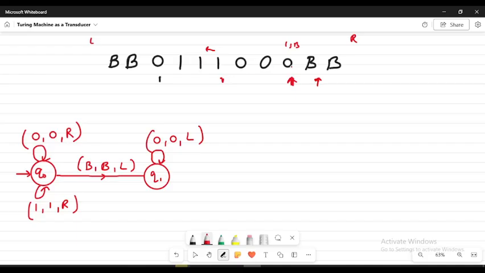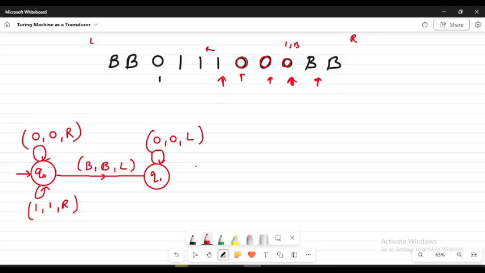You don't have to change it. I told you, unless and until you find the first 1, you have to keep that symbol as it is. So whenever you see 0, keep it as 0 itself and move left. Again you see 0, keep it as 0, and again 0, keep it as 0. Now you are at this state where the symbol is 1.